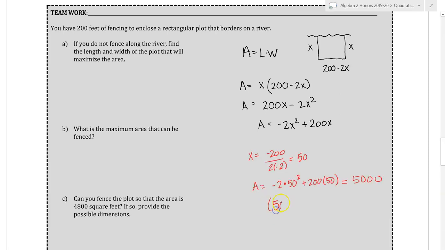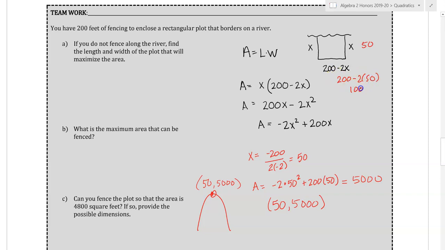So I got a vertex of 50, 5,000. Okay, so what does that mean? That means that if I were to look at this parabola, my vertex would be at (50, 5,000). That would be your maximum area. If this side length was 50, this would be 200 minus 2 times 50.